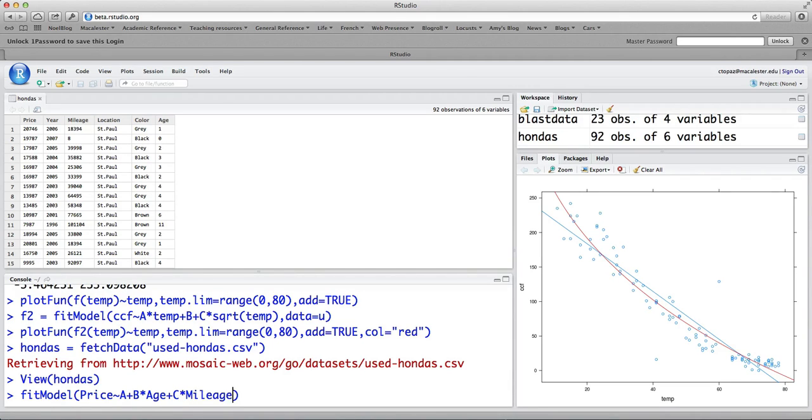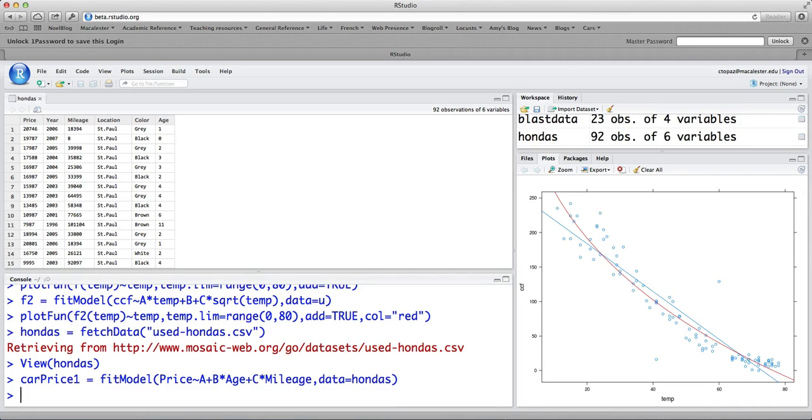So this is like a linear function of two variables. It's linear in mileage, it's linear in age, and there's a constant. And we have to tell it the data set, data equals Hondas, and then we have to capture the output of this, and I'm going to call it carPrice1. carPrice1 equals, okay?